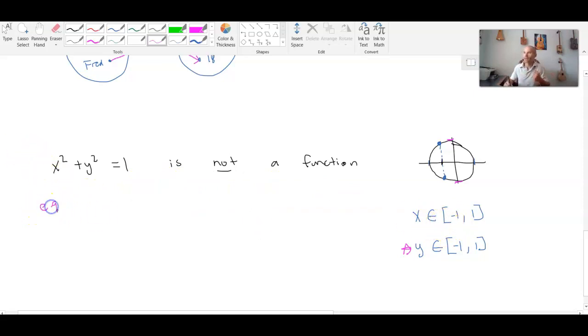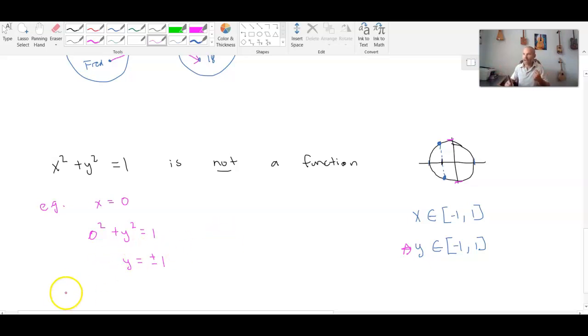For example, if I give this function x equals 0, which is in the domain, then 0 squared plus y squared equals 1 will have y equals plus or minus 1 as an output. That's also our proof that this is not a function, because we have an input for which there's more than one output.